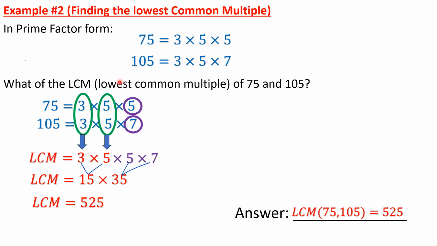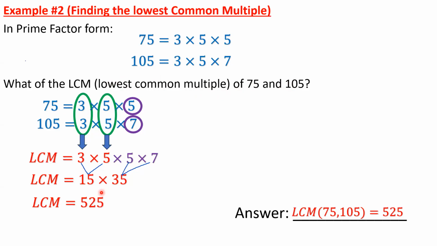So we rewrote the problem and circled the numbers that we have in common. So 2 3s, 2 5s, 1 5 from 75, and 1 7 from 105. So we wrote LCM equals 3 times 5 times 5 times 7. We left no number out. LCM equals 15 times 35, and 15 times 35 is 525.